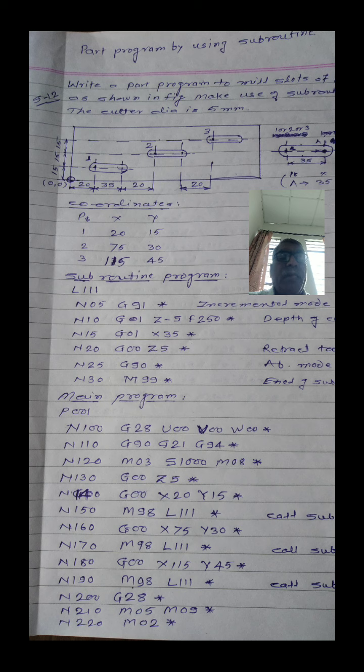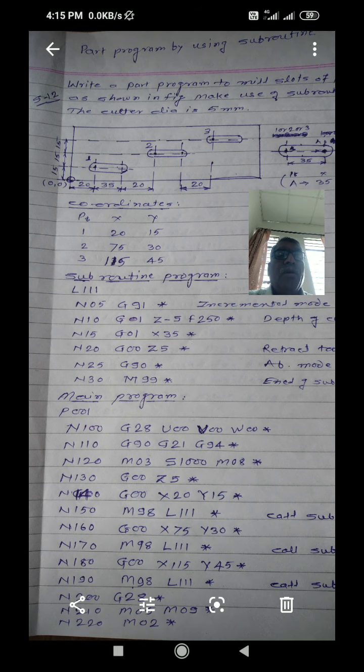First, you have to locate workpiece 0. Workpiece 0 is always at the corner of the workpiece and the top surface of the workpiece. It's X0, Y0, Z0. Is it clear? After locating the workpiece 0, you have to find out the coordinates of various points, that is point 1, point 2, point 3.